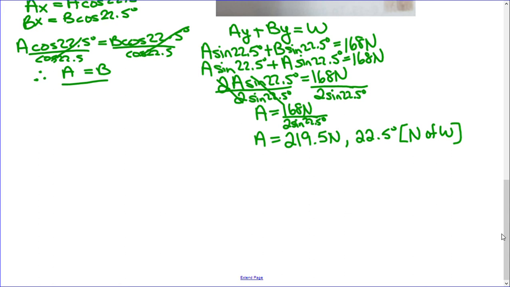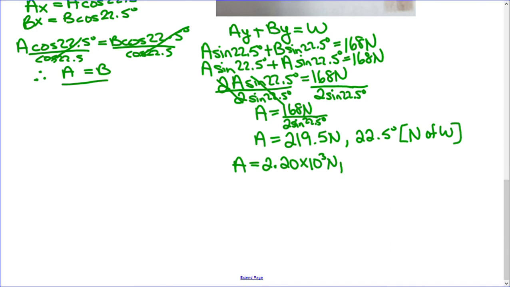Now, I also know that A is equal to B, which means B is going to be the same thing. If I take a look at significant digits here, really the only thing I have is a 168 that has 3, and I'm dividing it by a trig function that has 3 significant digits in it. So really, this thing is 220, and if I want to show 3 significant digits here, I'm just going to flip it to scientific notation. 2.20 times 10 to the 3 newtons.